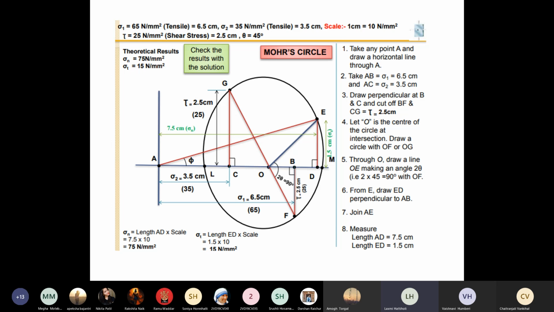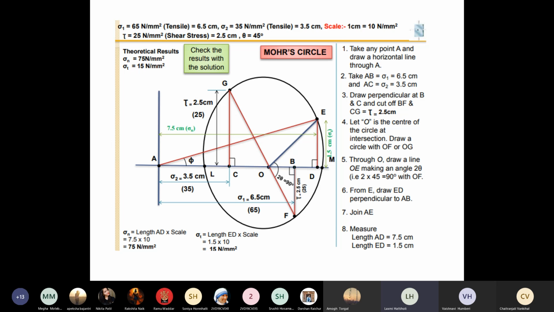So what you will do here is, at the right side, I have shown you the points. So the first point says take any point A. Now in the previous construction, I had taken this point as O. Here they have taken it as A. Of course, you can always change the notations, alphabets, however you want.